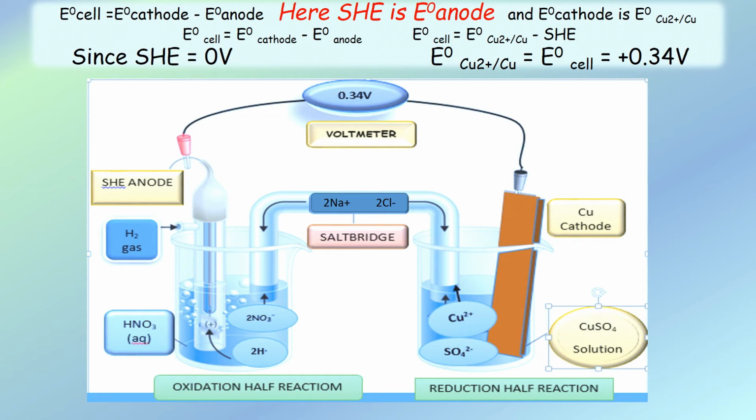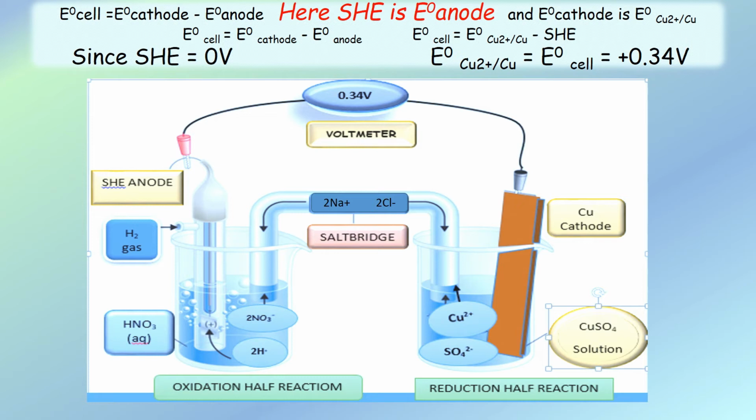So you see, zinc has a lesser value than hydrogen, whereas copper has a higher reduction electrode potential when compared to that of the standard hydrogen electrode.